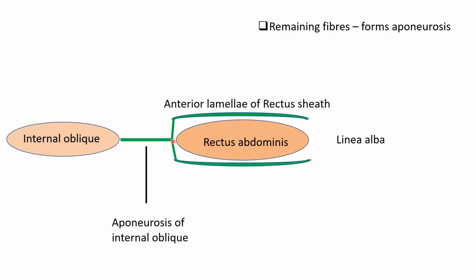The point where it splits corresponds to the linea semilunaris, which you can appreciate at the lateral border of the rectus abdominis muscle. Finally, the anterior and posterior lamellae of the rectus sheath are inserted to the linea alba. So this splitting is the main concept behind the formation of the rectus sheath that covers the rectus abdominis muscle.